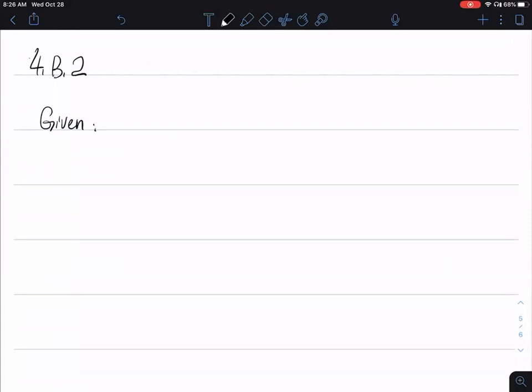In 4B2, we have a slope. We know the angle is theta. On the top of the slope, we have a block with mass m. At the bottom of the slope, we have a spring.